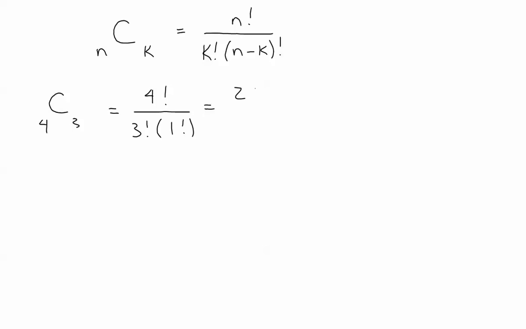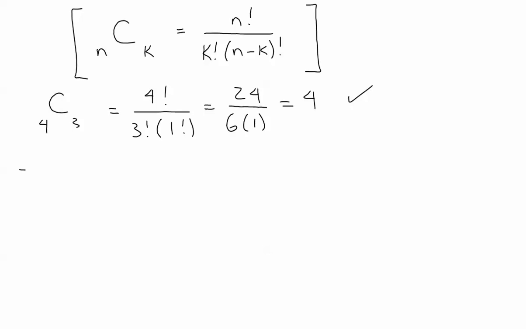That's 24 divided by 6 times 1. That's 4. And that's what we saw just by looking at the letter groupings on the previous page. So that works out nicely. Okay, so this is my relationship for calculating the number of combinations, verified by example.